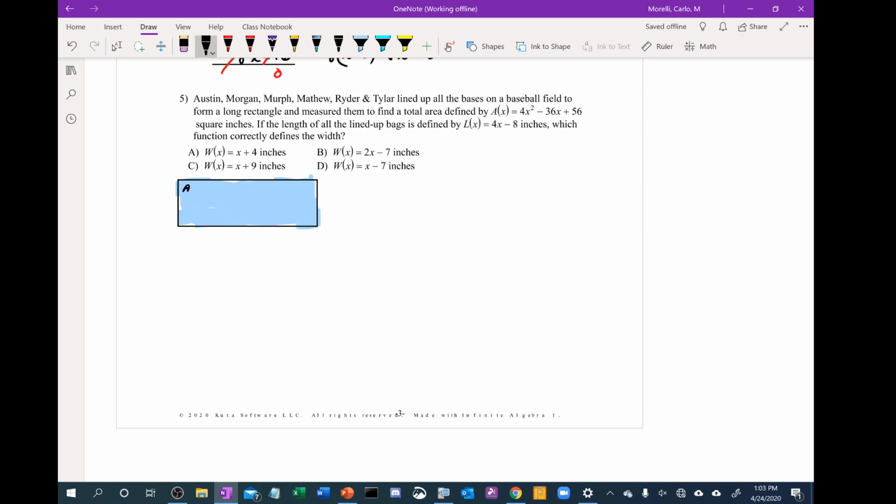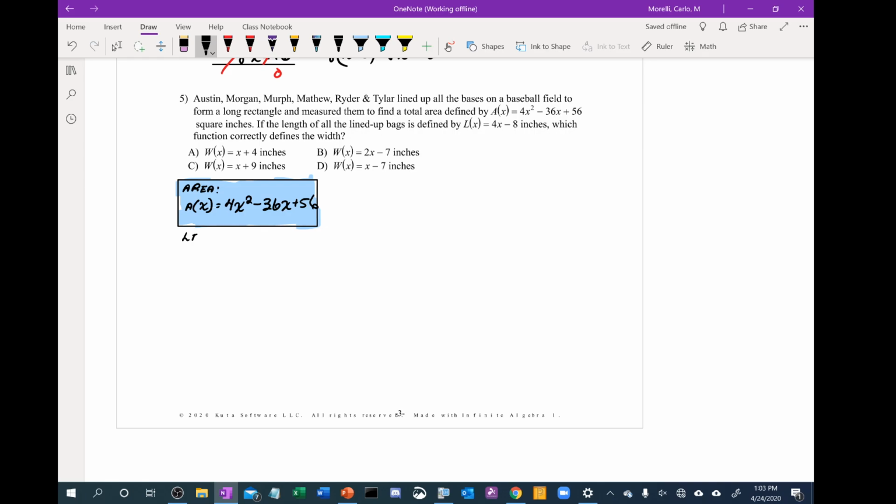And that area function, area is given by A of x equals 4x squared minus 36x plus 56. The other thing we're given is the length, this long side here on the bottom.